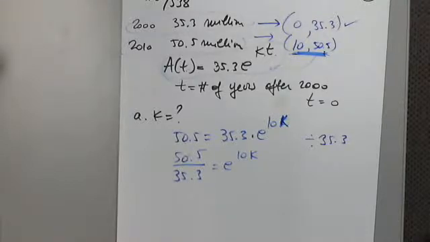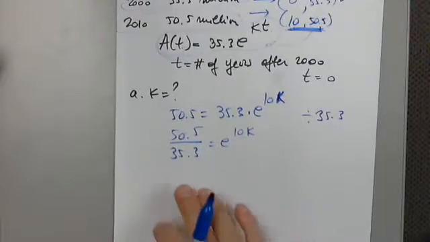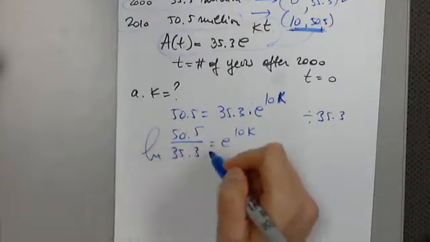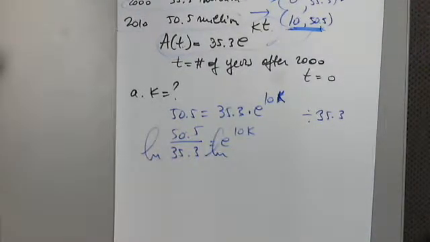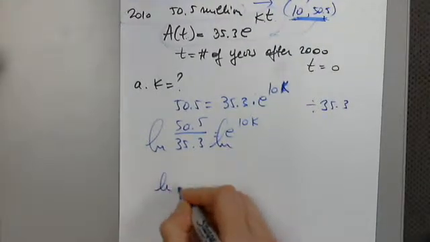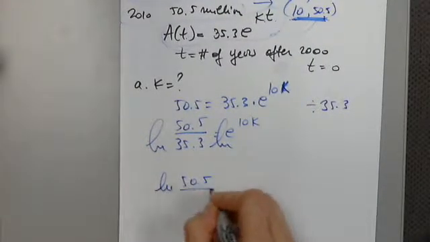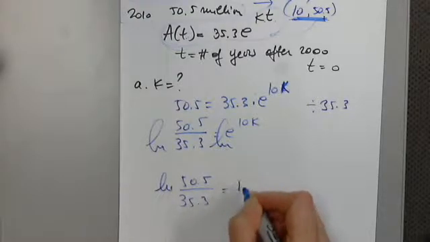Now, I would like to apply a mechanism or an operator, if you want, or a function to both sides that allows us to bring 10k in front, but it has to be applied to both sides. What will I write? Yes, either ln or log. It's up to you. ln is easier to write. Equals 10k.